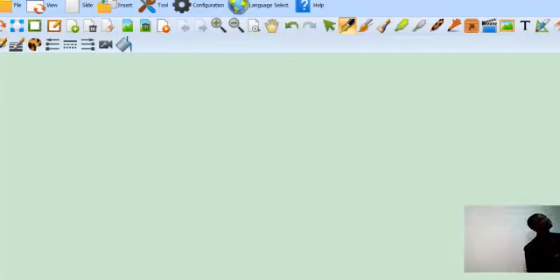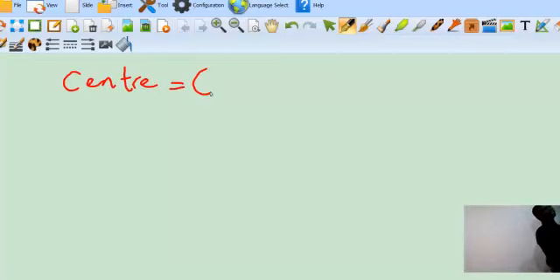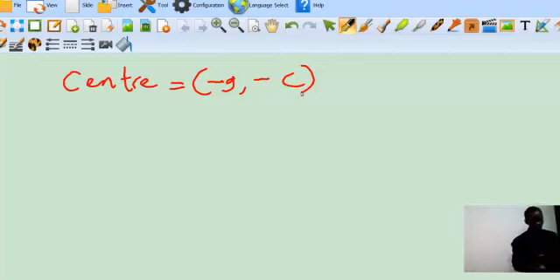Since we have obtained the g, the f, let us see how we are going to obtain our center. And the formula for center is given as minus g, comma minus f. So what we are going to do is to substitute for what we got for g and what we got for f.